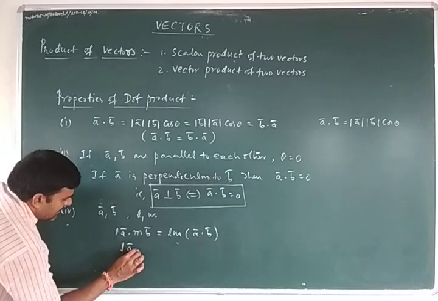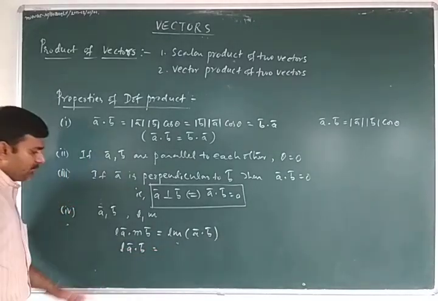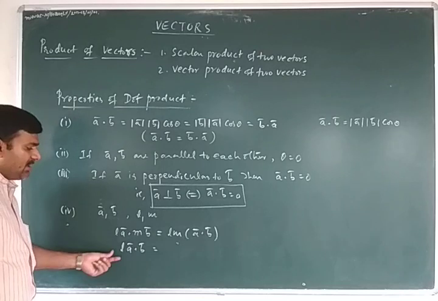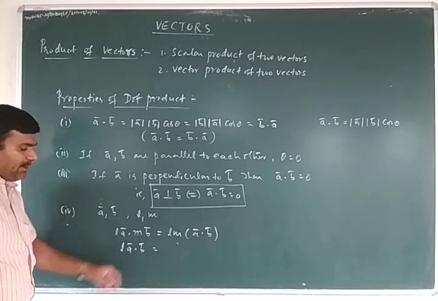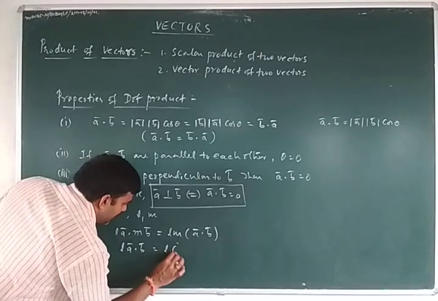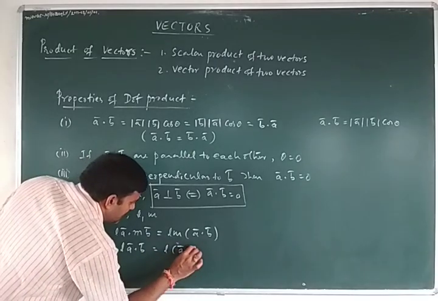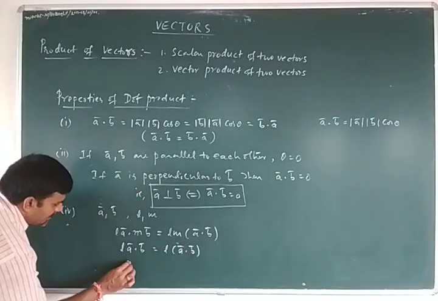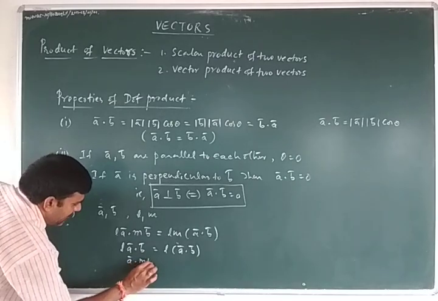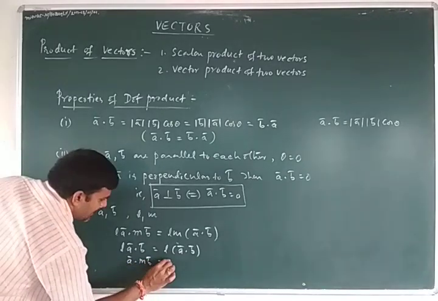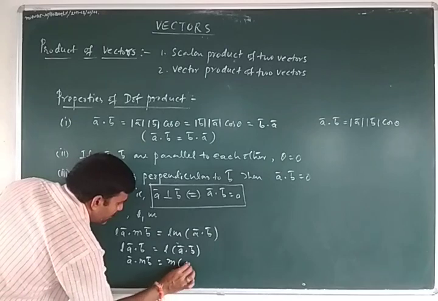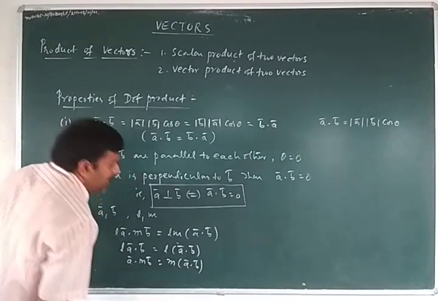And if only one scalar is present, L A bar dot B bar can be written as L into A bar dot B bar, and A bar dot M B bar can be written as M into A bar dot B bar.